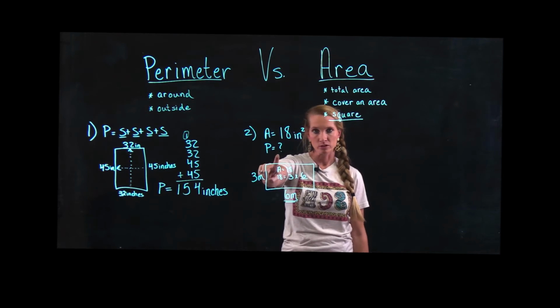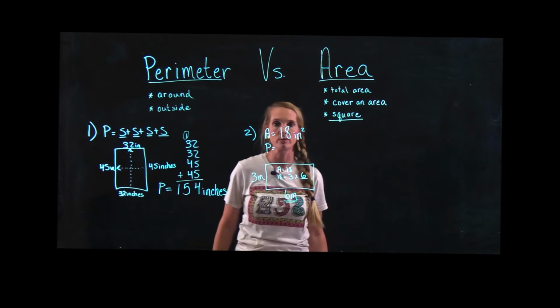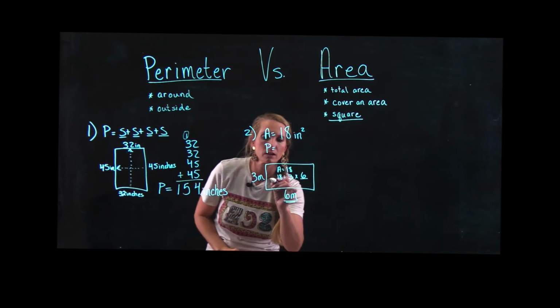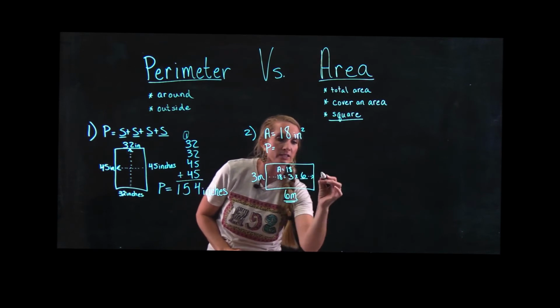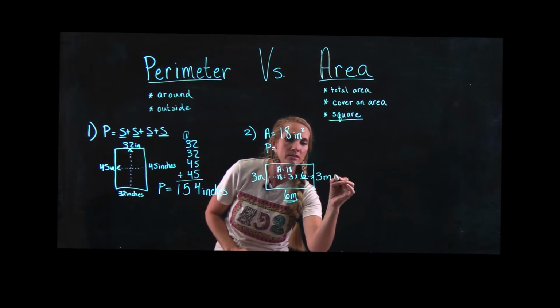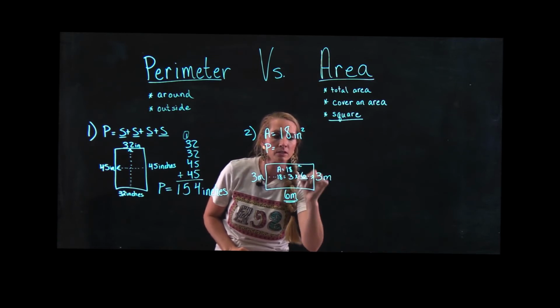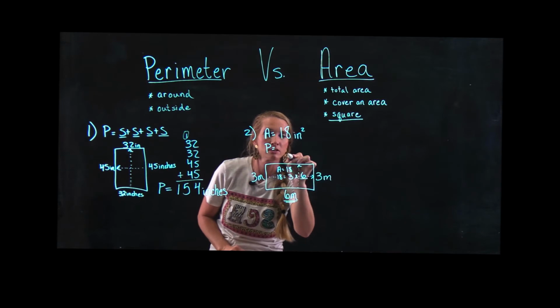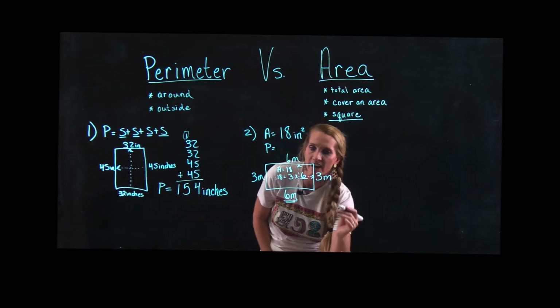But then question 2 was, what was the perimeter? So now I'm going to be able to find the perimeter. I'm going to take and know that if that side's 3 meters, this side's 3 meters, if this side's 6 meters, I know that that side is 6 meters, then I'm going to add them all up.